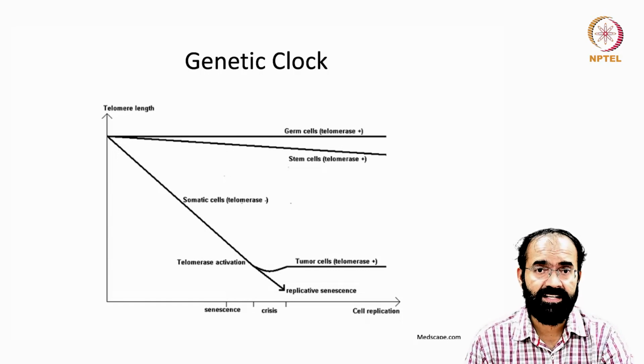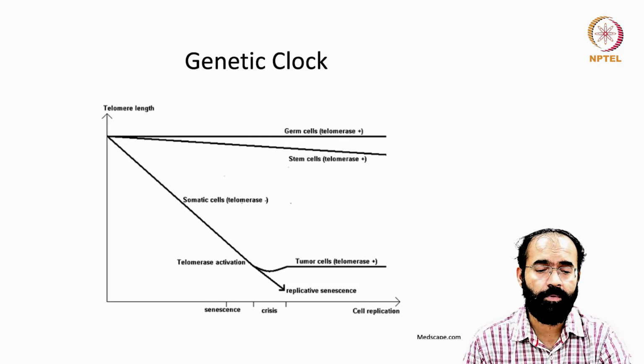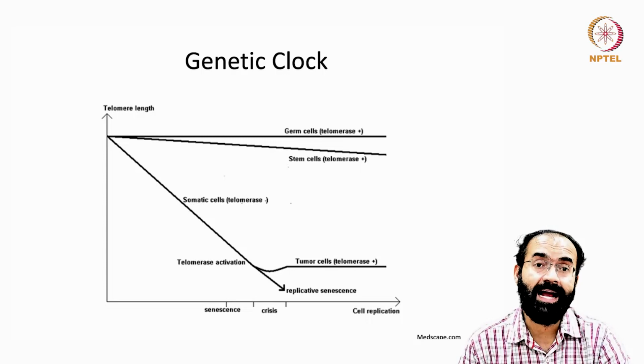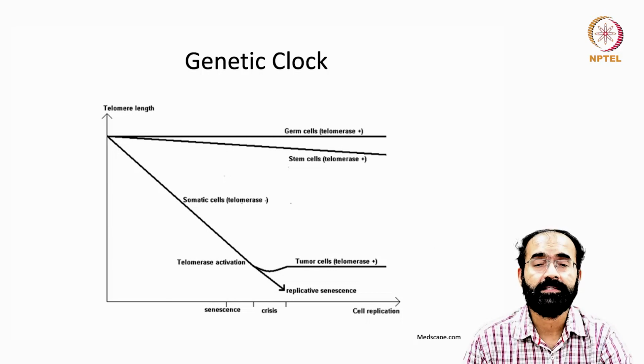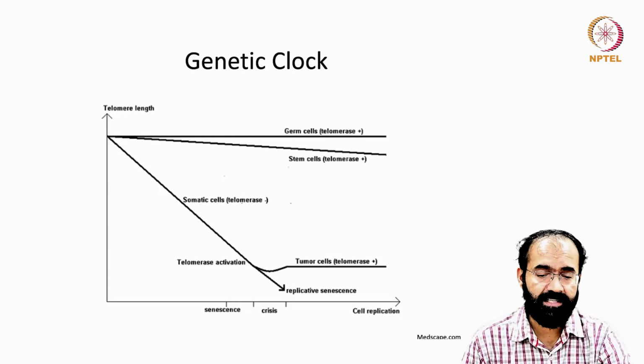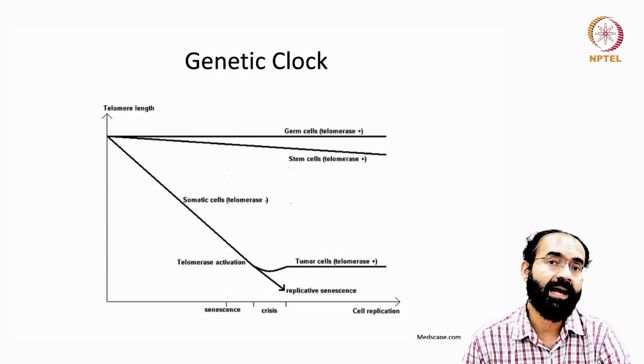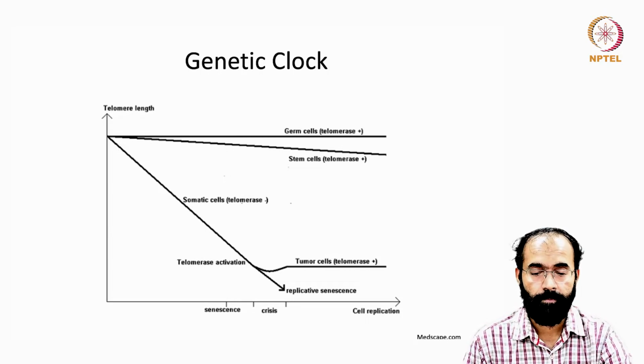Once it reaches a certain telomere length, say here, so this is the normal length, it came all the way down to here. In this situation, the telomerase can get activated, or the telomere length will shorten such that it will reach cellular senescence, and this activation can often lead to tumor cells, which will have telomerase active throughout.